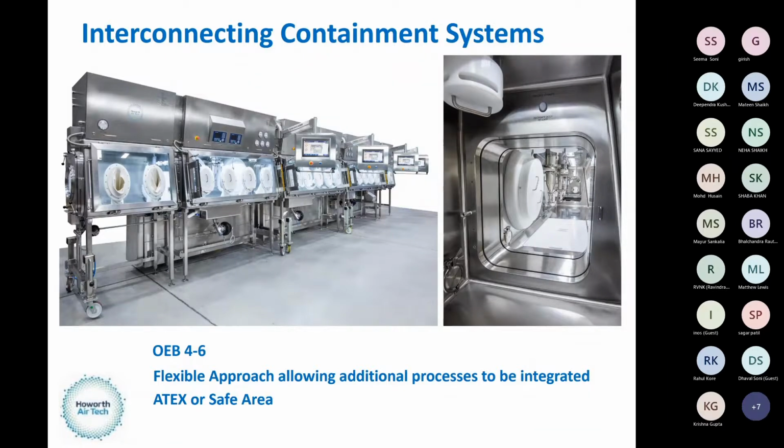There is a unique design on this, which is very new to the business, and it'll be very new to the industry. So I'm sworn by secrecy on this, but we're looking at integrating a lot of processes into a containment line. And again, that gives a lot of flexibility when we want to transfer from process to process.